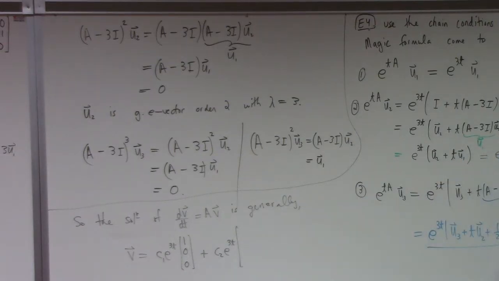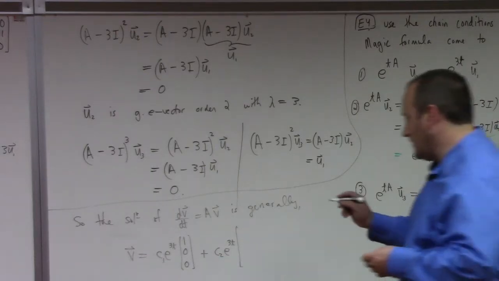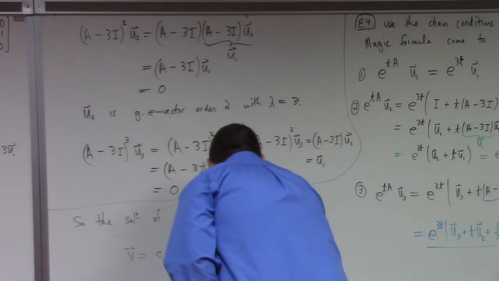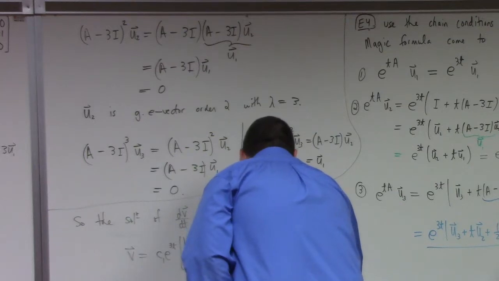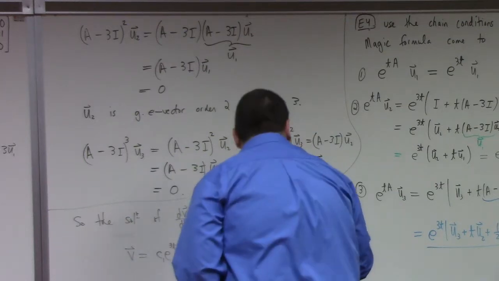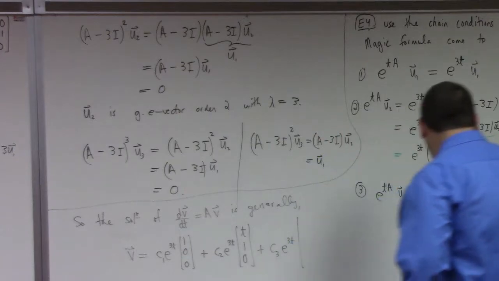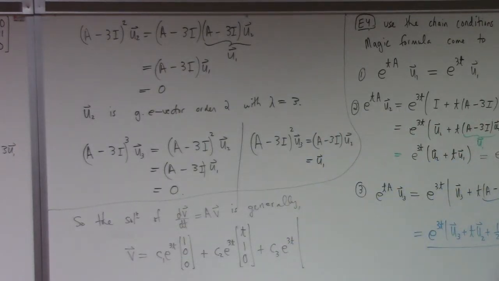Do you guys agree? Because u2 is (0, 1, 0), and u1 is (1, 0, 0). So if you add t times u1 to u2, we get (t, 1, 0), plus c3 e^(3t). And this one is what? This is e^(3t) times, looks like, (1/2 t^2, t, 1).